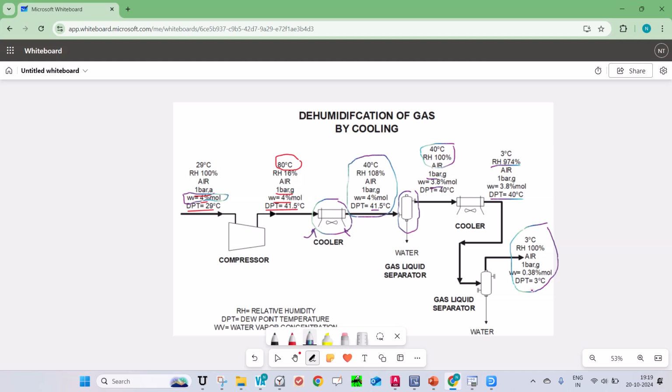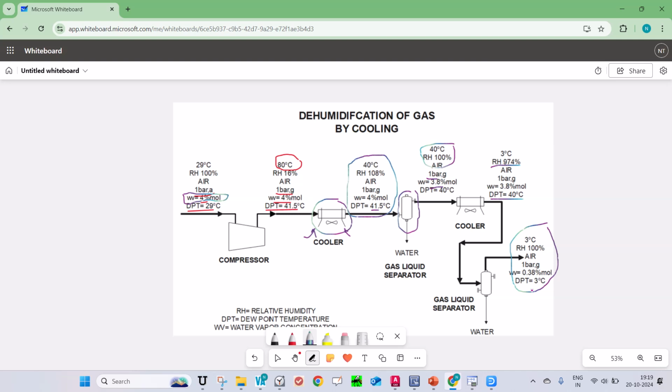Now, if, for example, the process required an even higher pressure, let's say up to 10 bar, then the dew point temperature would have again gone up, and we could have again used the ambient air to do the cooling and remove the moisture.